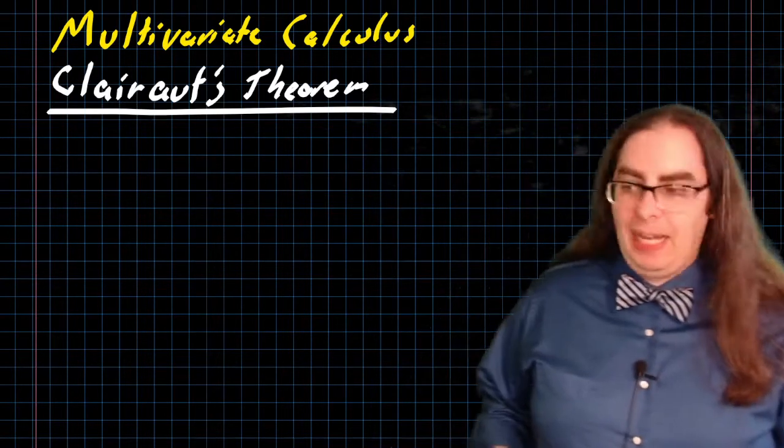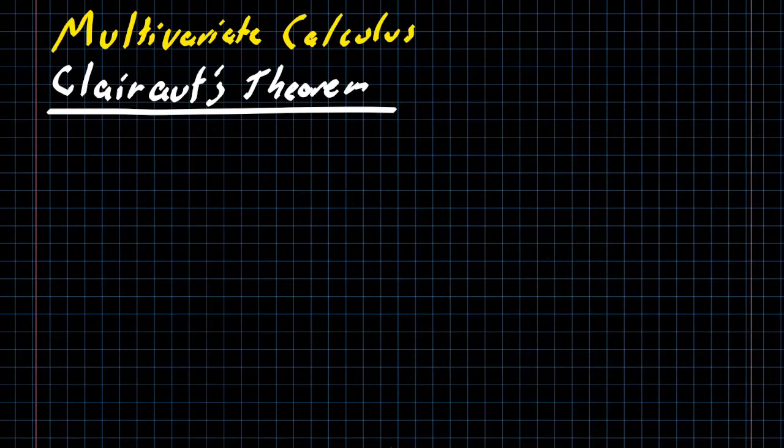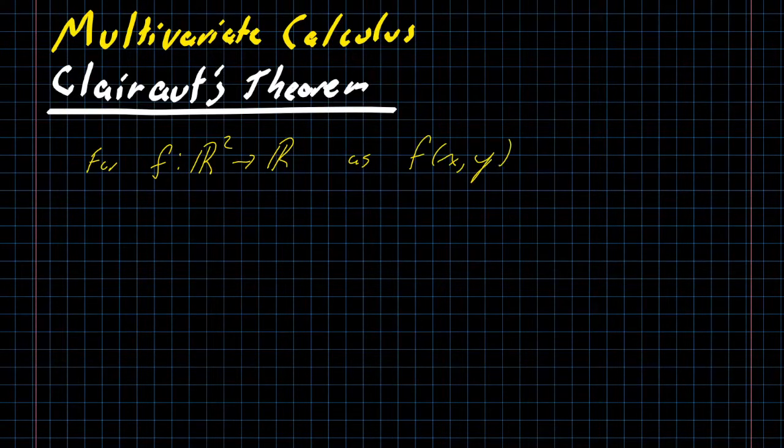Let me remind you that previously we were looking at the partial derivative. So for some function f, which maps from R squared into R, we have the function f written as f of x and y.